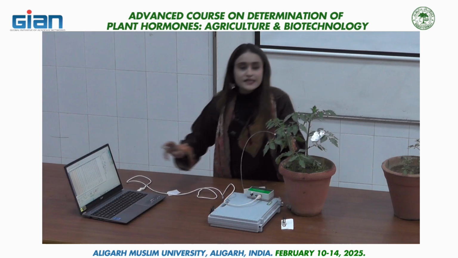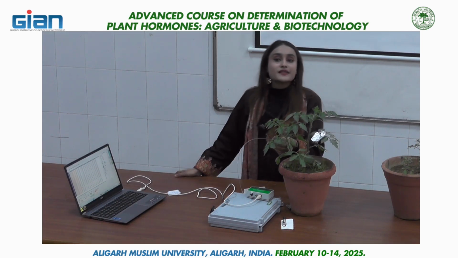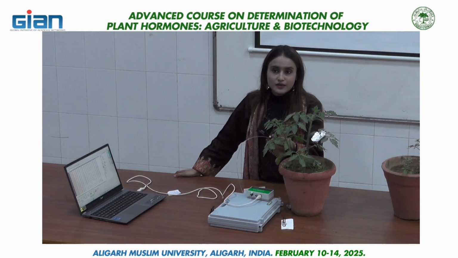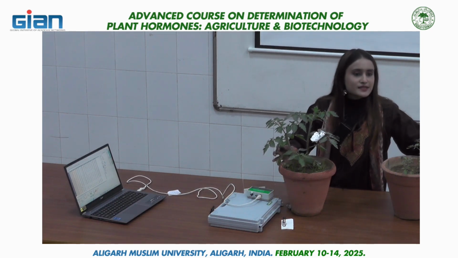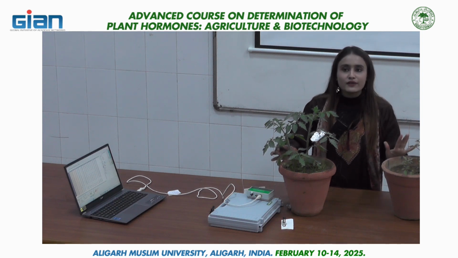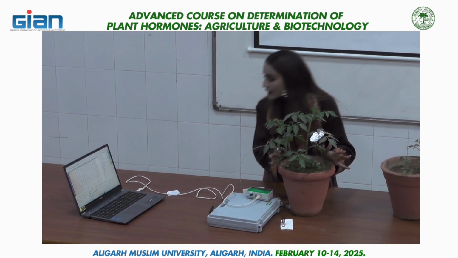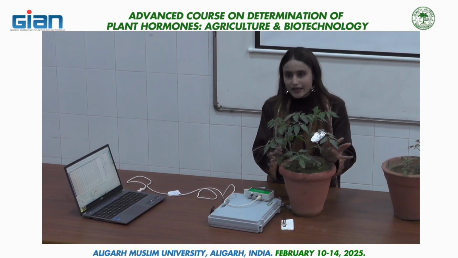You can clearly see that in hormone treated, Fv by Fm is 0.736. So it is clearly seen that in the control set, Fv by Fm is 0.3, here 0.1 and here 0.736. So these are samples which are dark adapted.